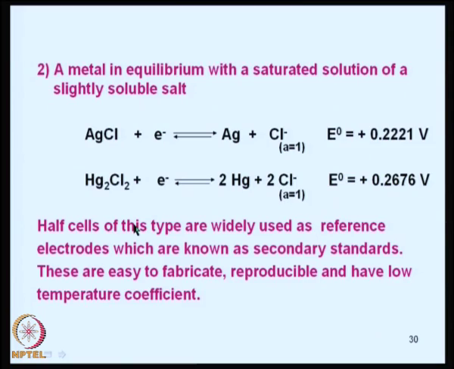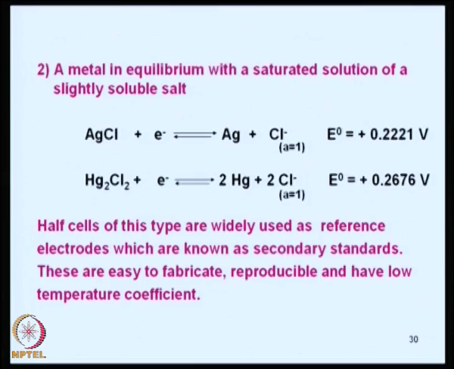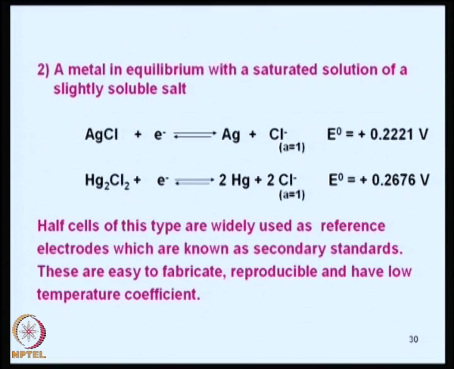So, half cells of this type are widely used as reference electrodes. It is very difficult to have a platinum electrode with a solution of hydrogen chloride and gas bubbling, such a complicated reaction, and to maintain or measure it routinely is difficult.